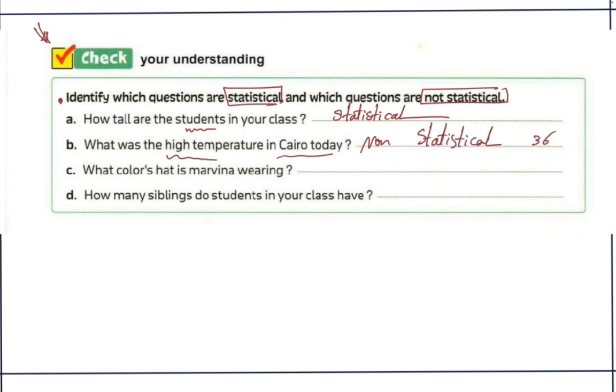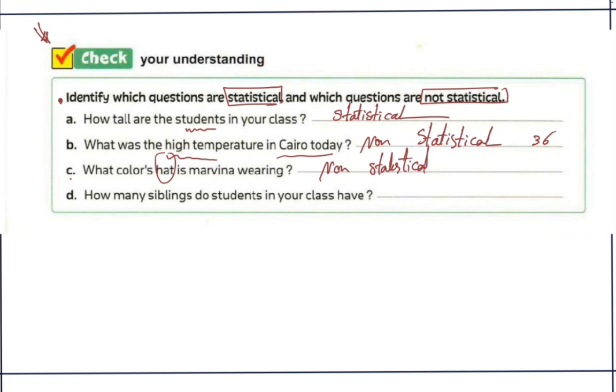Maybe 36. Yes. Third, what color hat is Marvina wearing? Marvina is wearing a hat with what color? Maybe white, black, blue, and so on. So it's an exact answer. So non-statistical.